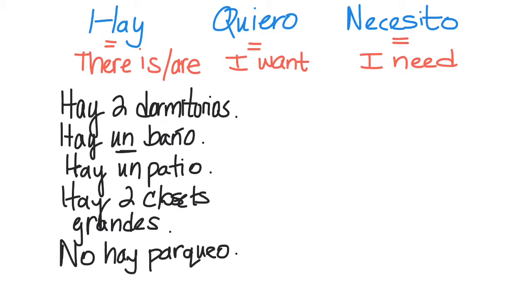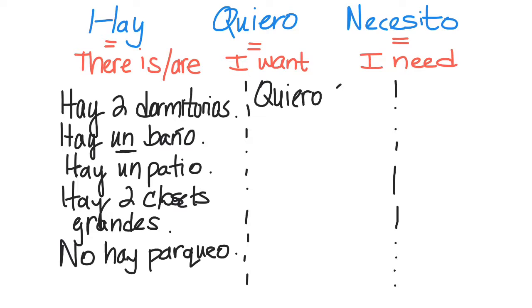And now I'm going to go to the next category, to the I want. What do I want if I'm looking for a house? Quiero. I'd probably like three recámaras or dormitorios. Quiero tres dormitorios. Definitely two baños. Quiero dos baños.